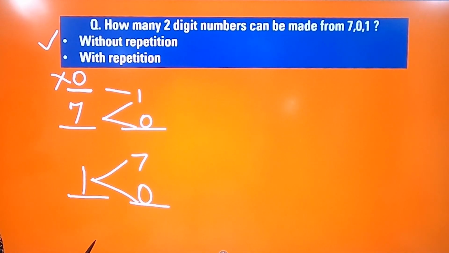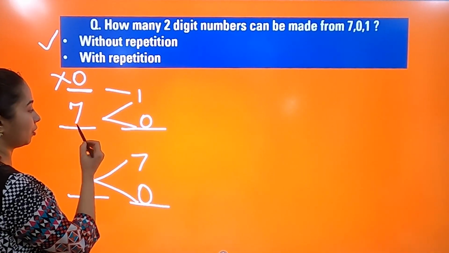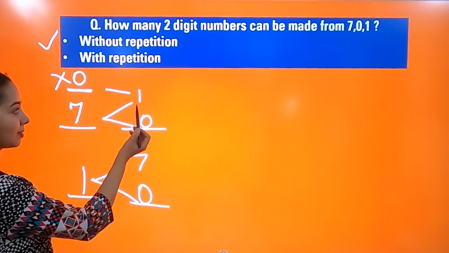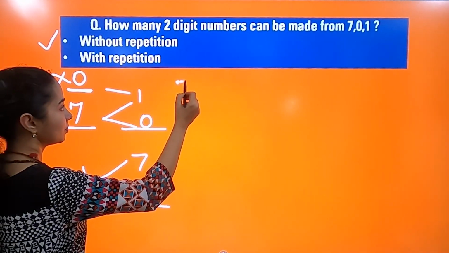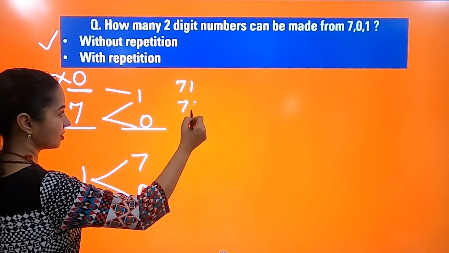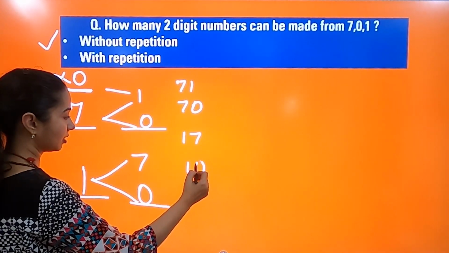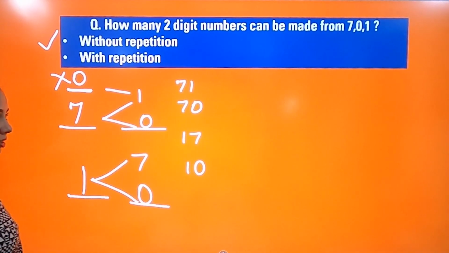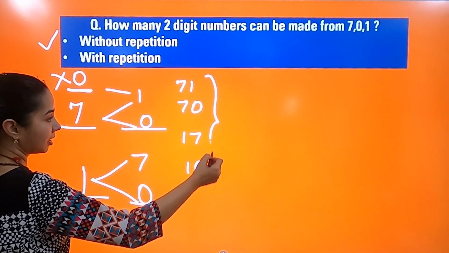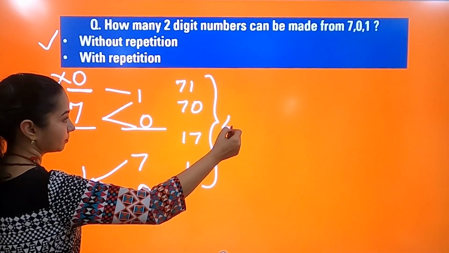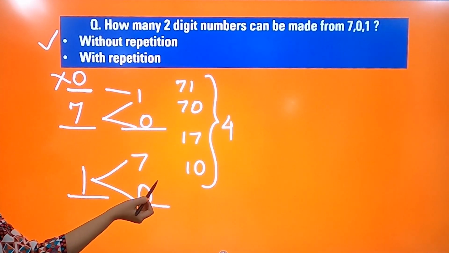So now let's see the numbers which are formed. 7 at the first place, 1 at the second place will be 71, then 70, then 17 and then 10. Right? So these are 4 numbers that could be formed without repetition.